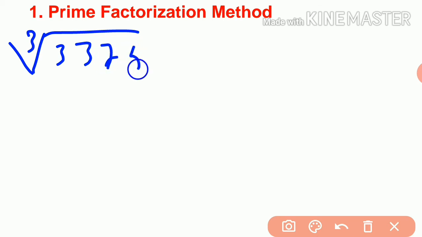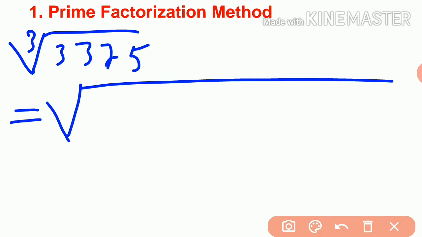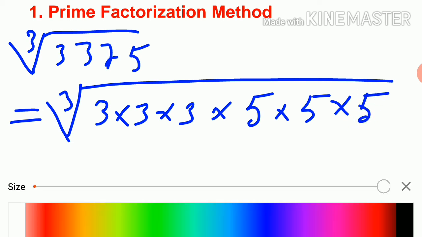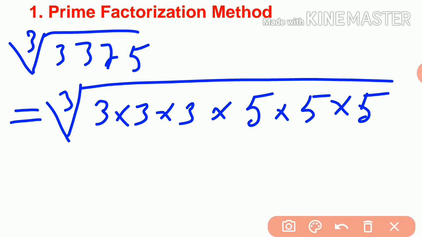So we can write the cube root of 3375 as the cube root of 3 into 3 into 3 and 5 into 5 into 5. Now we will take it in the form of triplets.